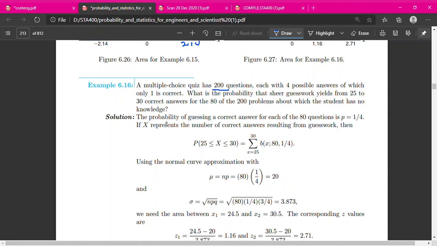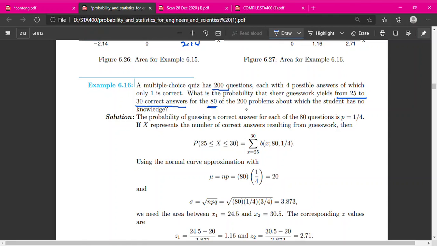So, nak cari probability sheer guesswork yield from 25 to 30 correct answers for the 80 of the 200 problems. 80 sahaja dia punya n. Semua sekali ada 200, tapi dia nak dapatkan probability of the correct answer from 25 to 30.